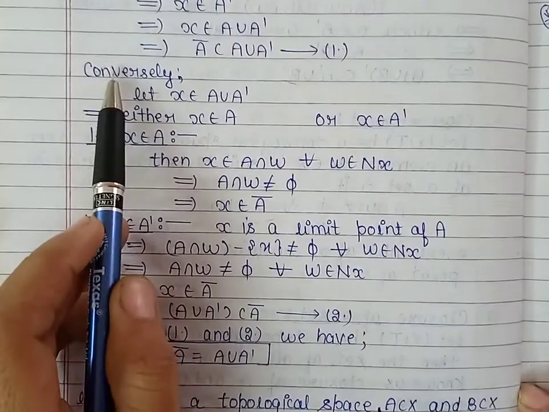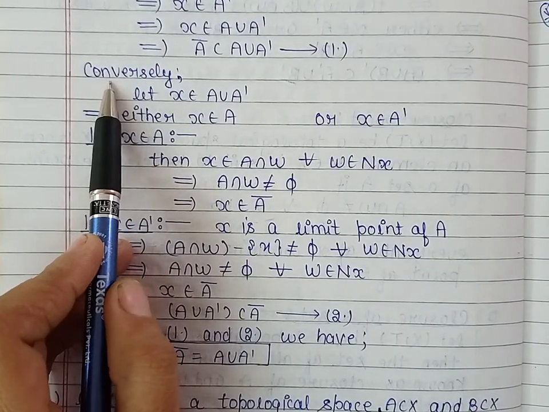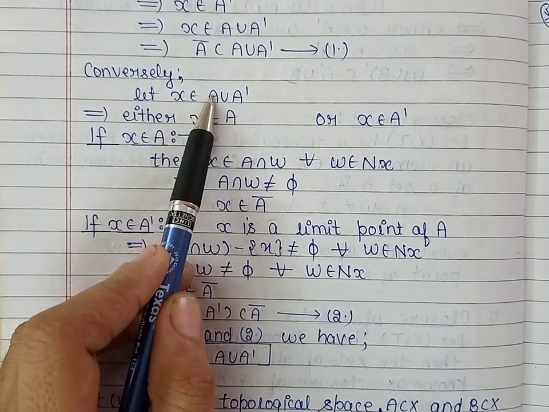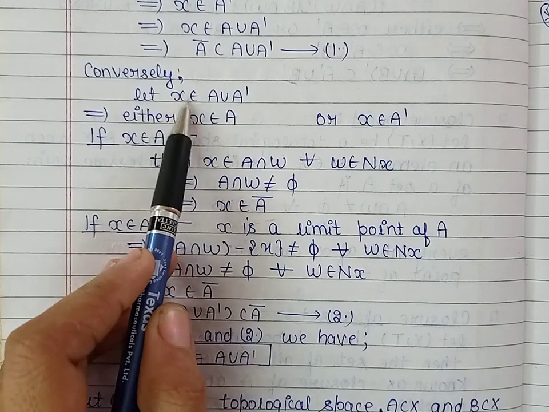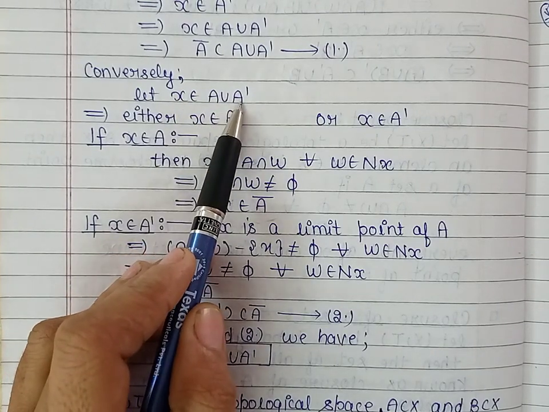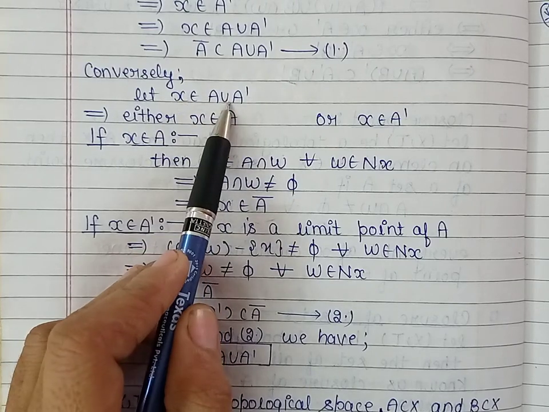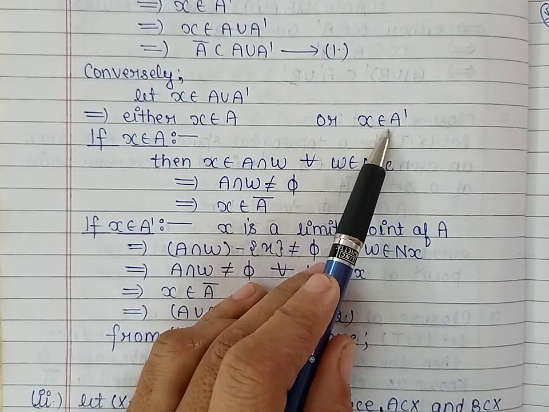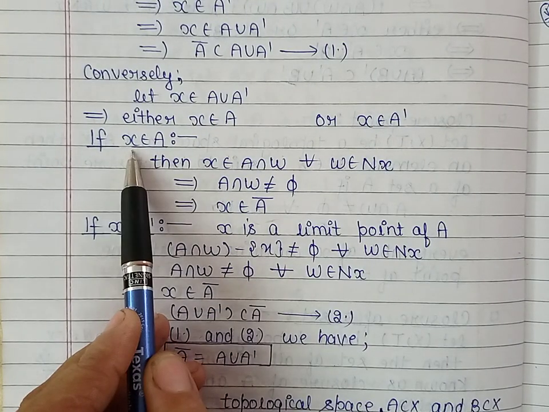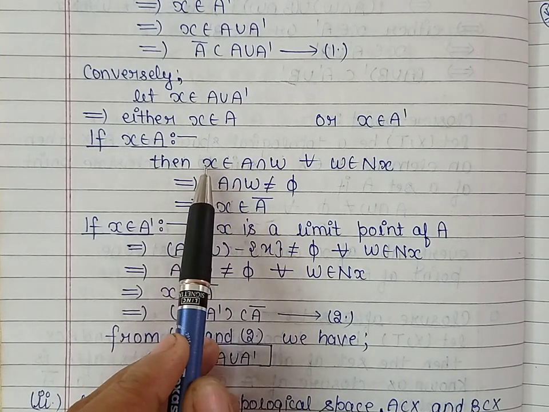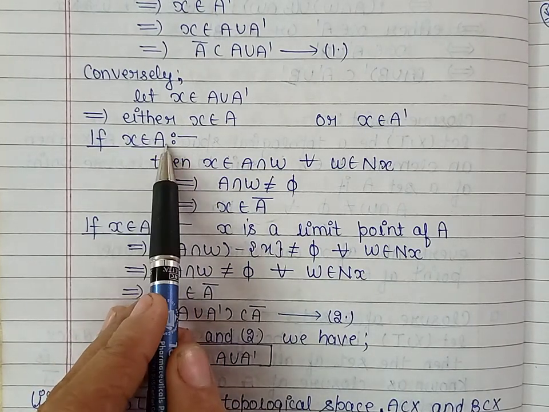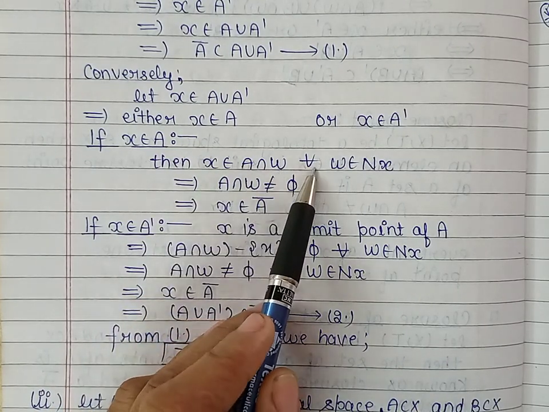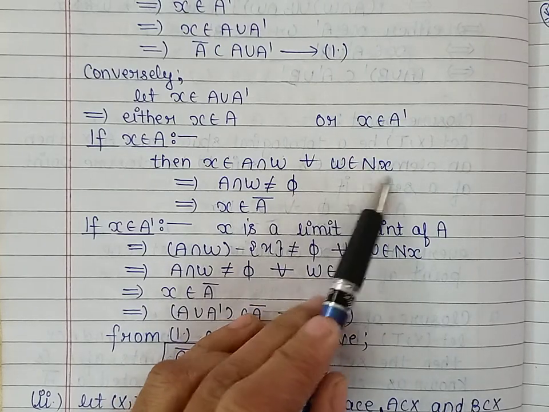Now we prove the converse part. Conversely, we are to prove that A union A dash is contained in A closure. So let us take an arbitrary point x belonging to A union the derived set of A. Because x belongs to the union, either x belongs to A or x belongs to the derived set of A. Now if x belongs to A, because x belongs to every neighborhood of x, then x belongs to A intersection W for every W belonging to the neighborhood system of x.